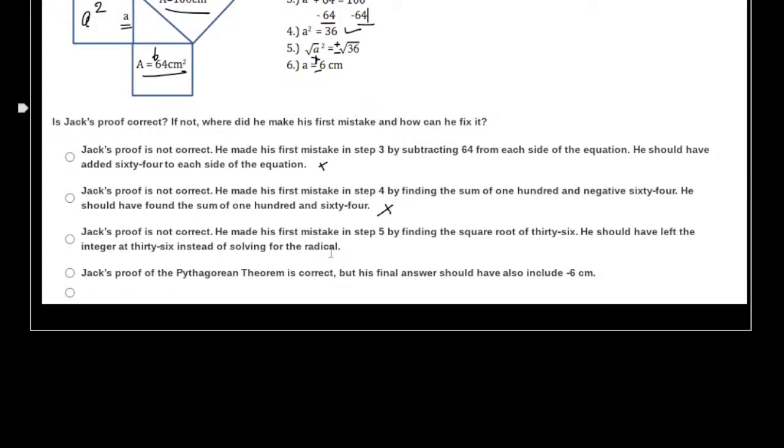The third statement given is: Jack's proof is not correct. He made his first mistake in step number 5 by finding the square root of 36. He should have left the integer as 36 instead of solving for the radical. Now that is again incorrect. When I get a square as 36, then my next step is to find the square root.